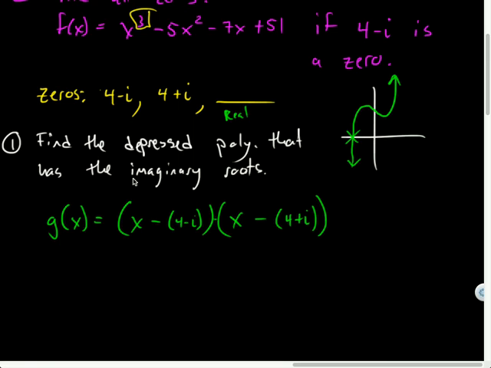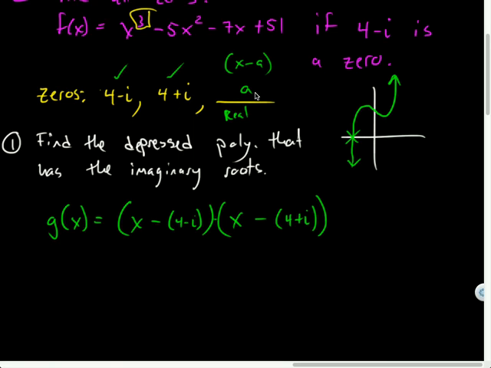So this is going to be some depressed polynomial that happens to have these two as its roots. Now, how is that going to help us? I know whatever this is going to be a factor of the original polynomial. And if I want to find the remaining factor, I could actually divide the original by this depressed polynomial, and it will give me the remaining x minus a factor that will give me its root.